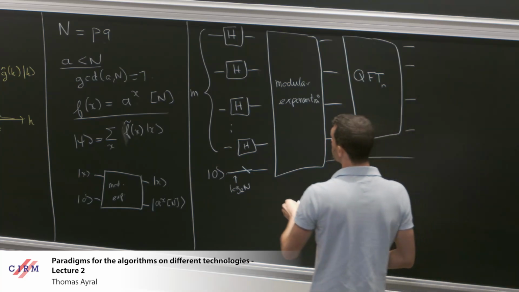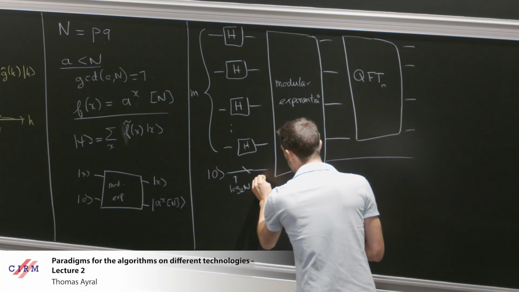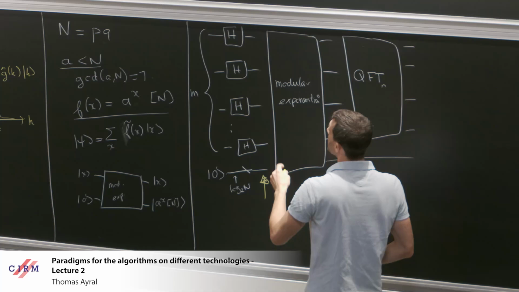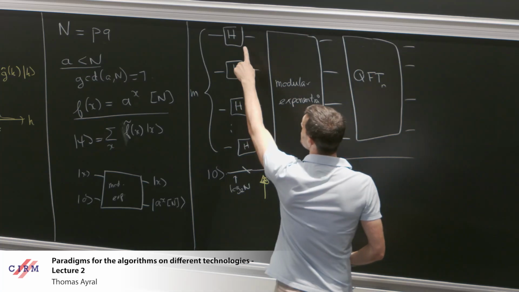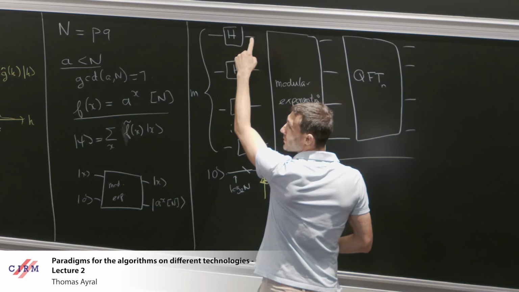So first we have to work out what is the state corresponding to this stage of the circuit. And here, you remember that H, when applied to qubit 0, is (0 plus 1) over square root 2.